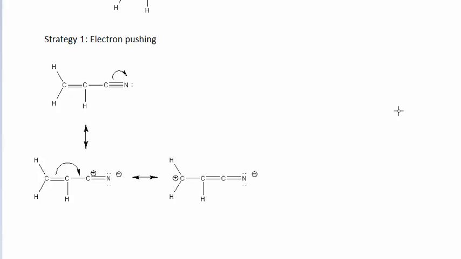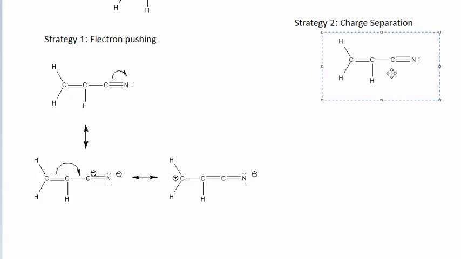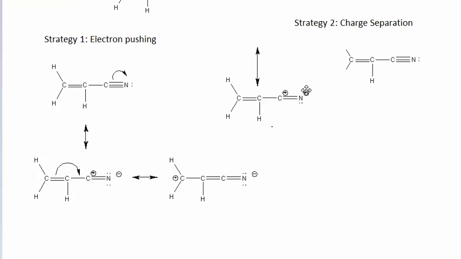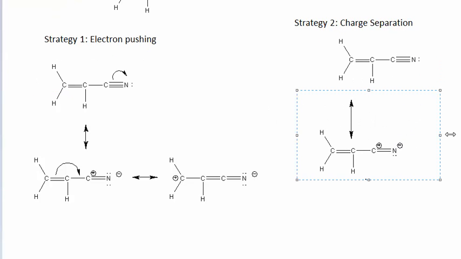So if we're talking about our charge separation strategy, we have this carbon-nitrogen electronegative bond, and we don't have to intuitively feel that we need to push these electrons up here. We already know that we want to take our electronegative bonds and split them into positive and negative. Then we look at that carbon-carbon bond over there, and we want to arrange it so that we have alternating charges.